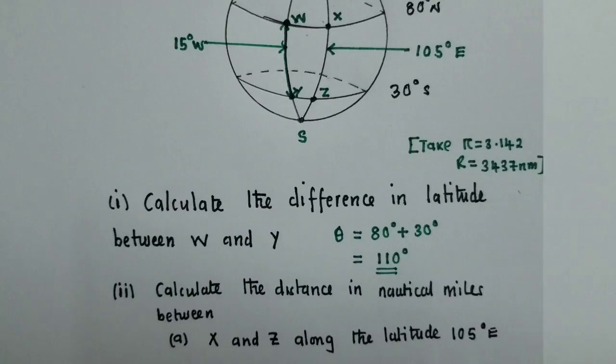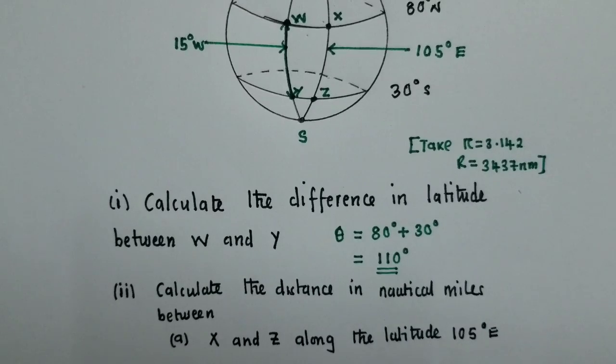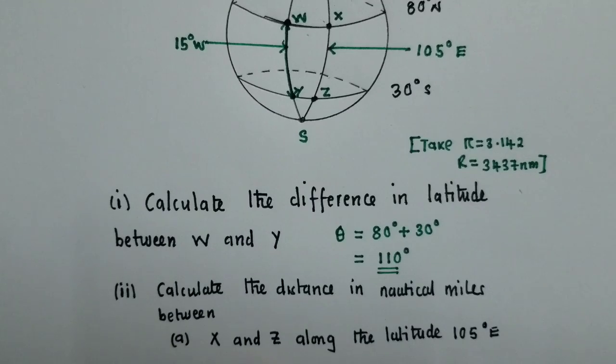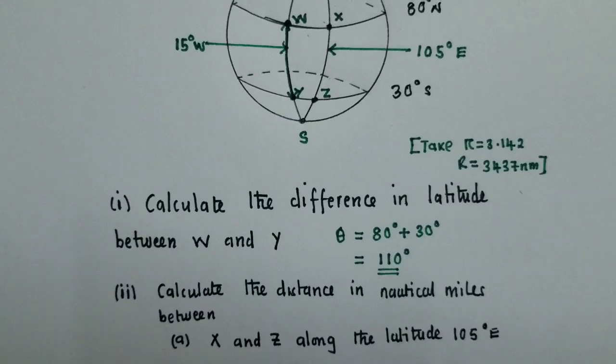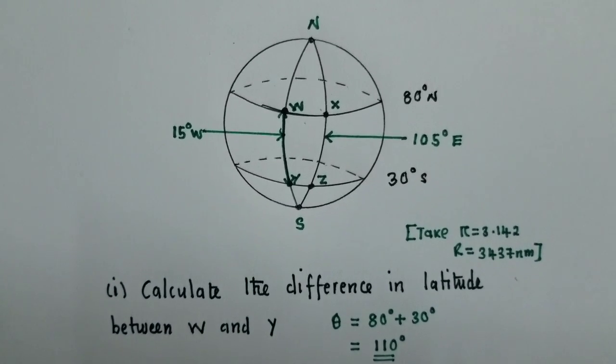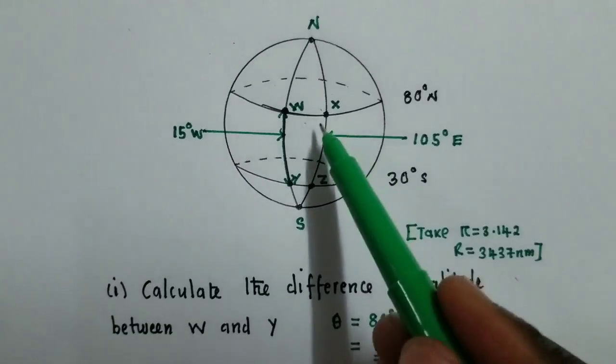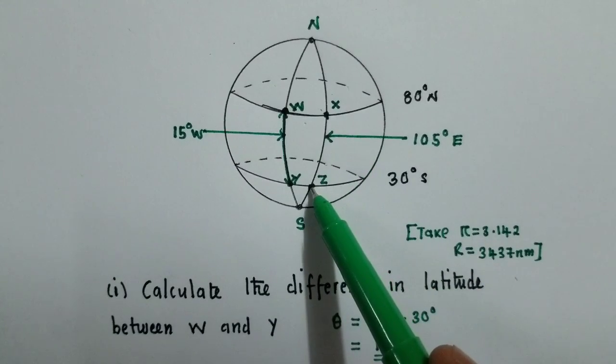For question 2, the question reads, calculate the distance in nautical miles between X and Z along the latitude 105 degrees. So we know that X is right here and Z is right here.